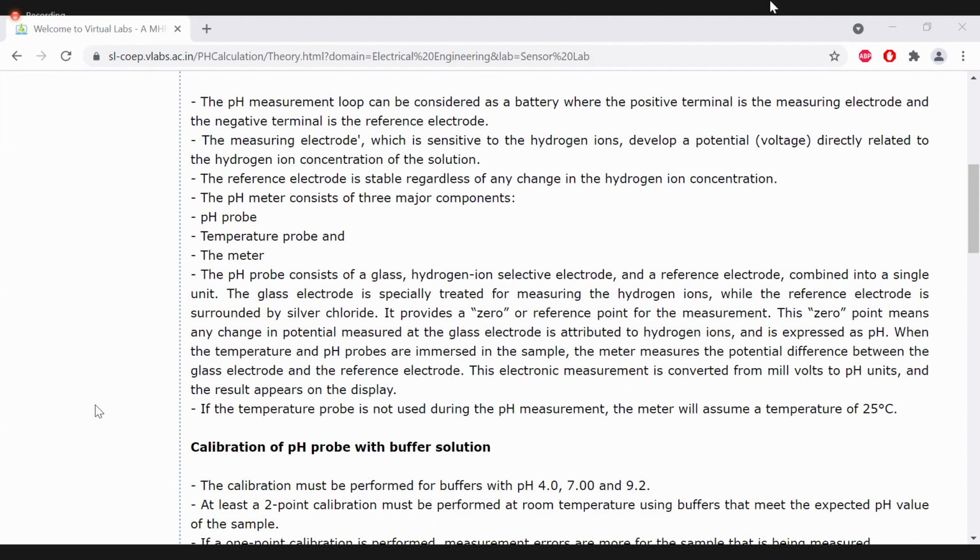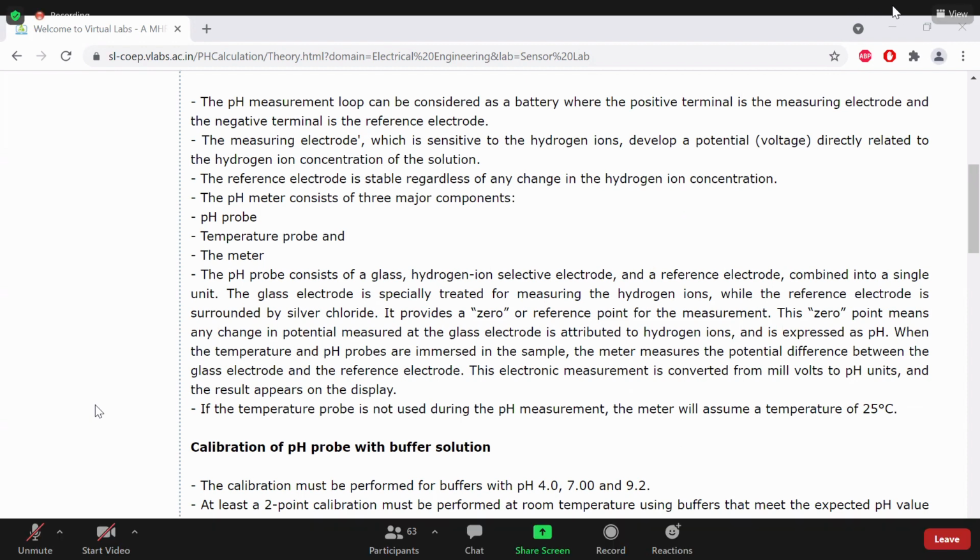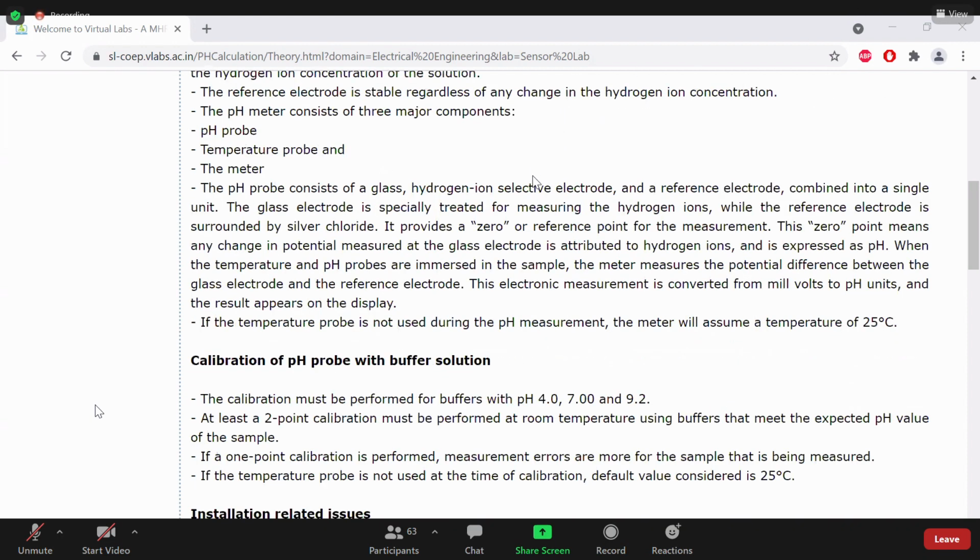Students, all of you open this simulation website and go to the theory.